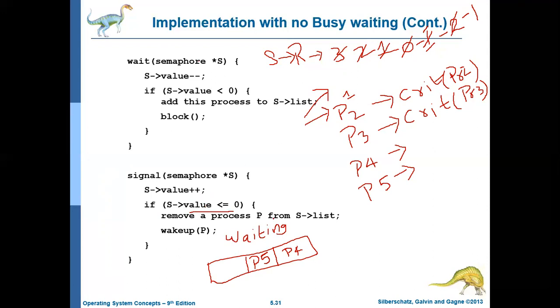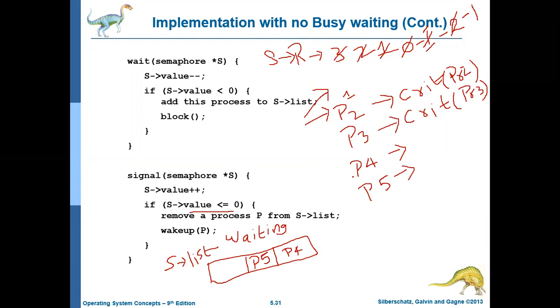So remove a process P from the S list and keep it in the ready list. Which is first in the waiting list? P4. This waiting queue is nothing but the S list. Whatever process is first in the waiting queue will be moved out and kept in the ready queue.